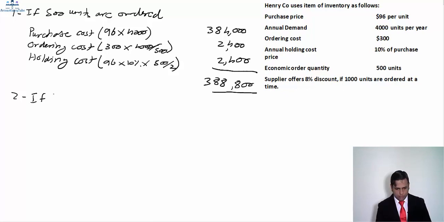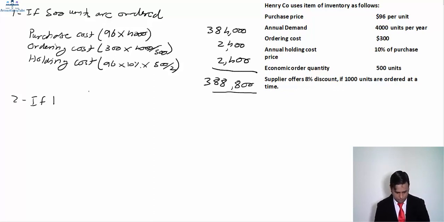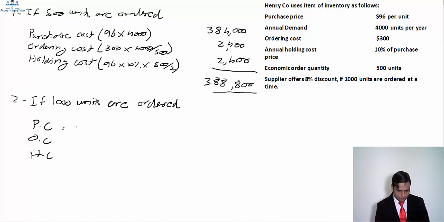So the second scenario is if 1000 units are ordered. Again we need to compute purchasing cost, ordering cost, and holding cost, all of these costs.